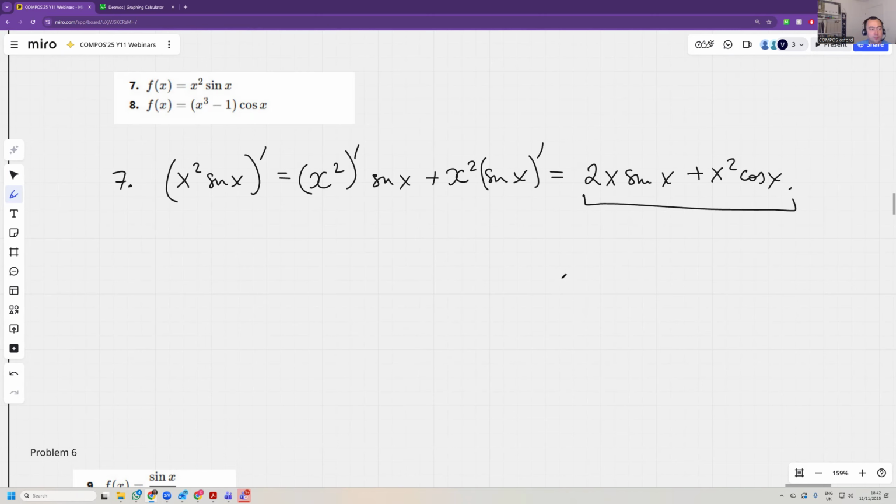That's the answer. 8, x cubed minus 1 multiplied by cos x.